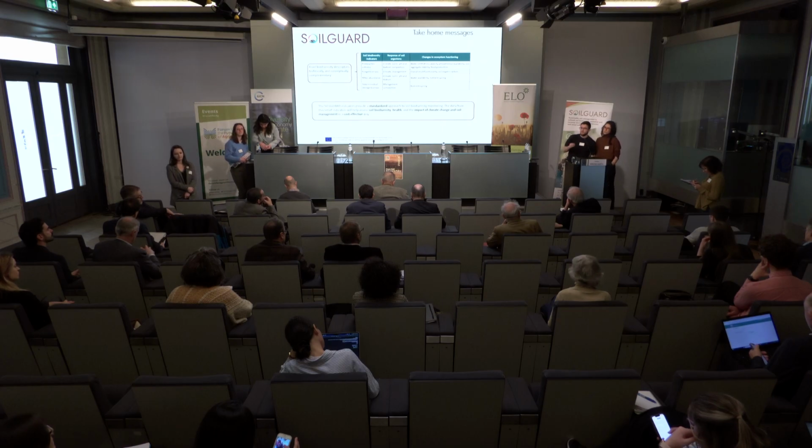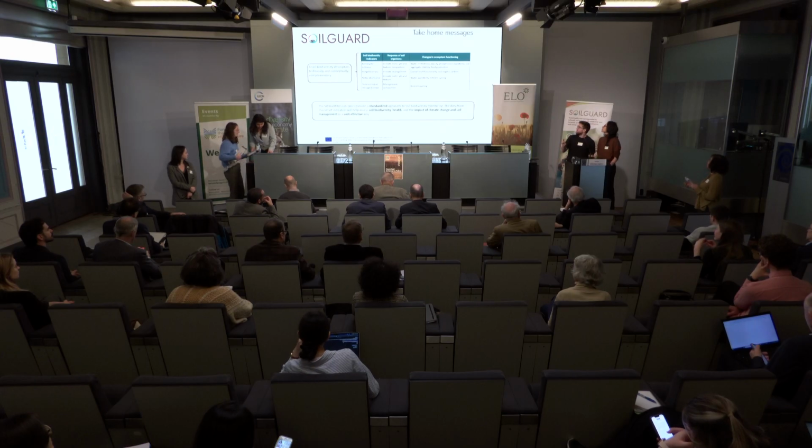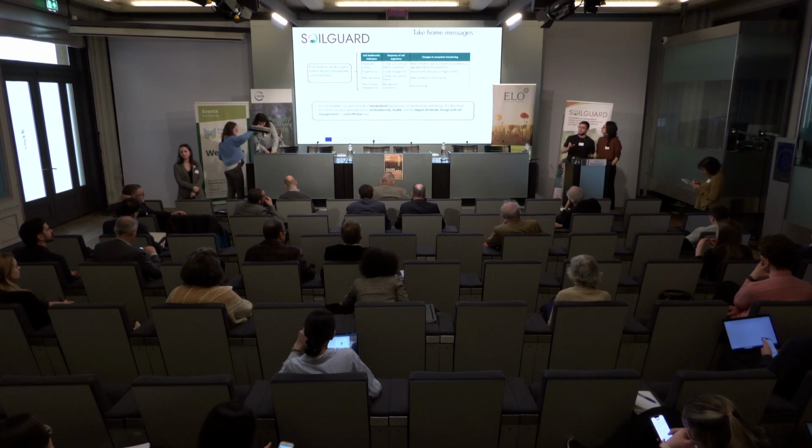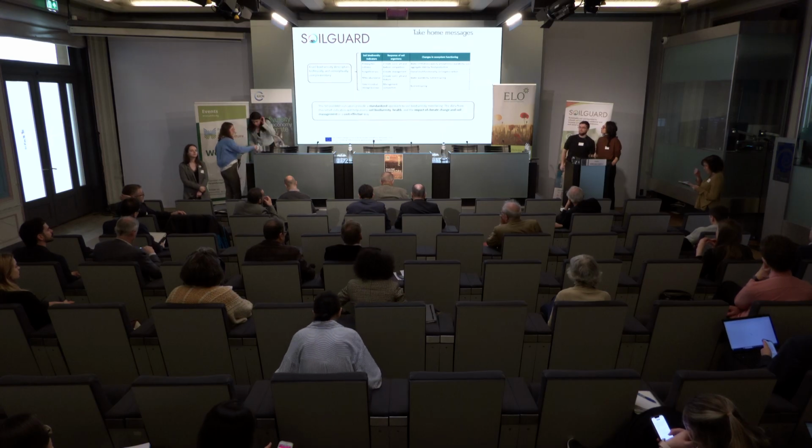It's not a prediction, it's an assumption that they could potentially be linked. Maybe the correct word is link, not changing, but links were found between these metrics and the soil functioning. Thank you.